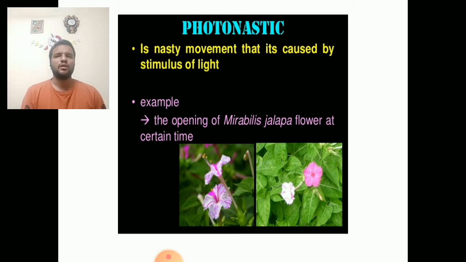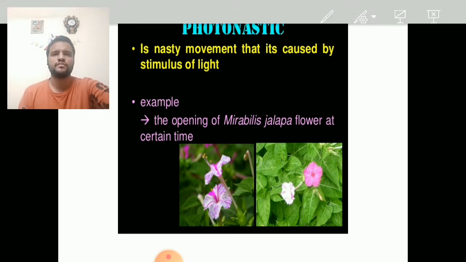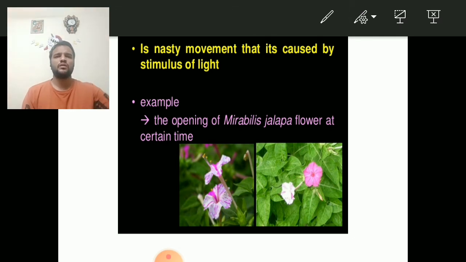One more example is the opening of the petals in the dandelion flower; during daytime the petals get open. And one more example is the moonflower, whose petals get open during evening time.